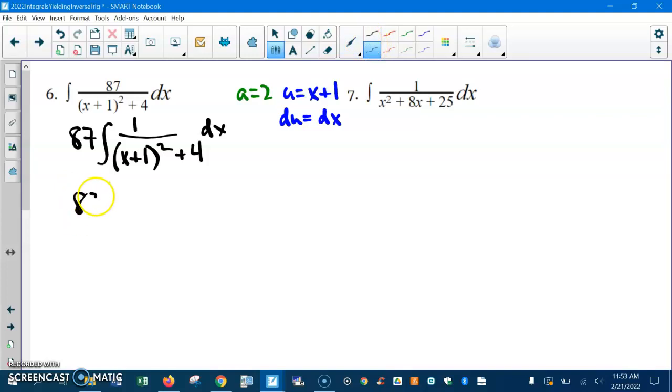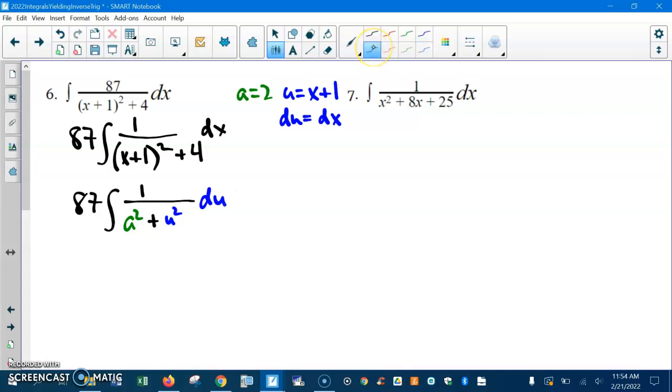So I can rewrite this integral as 87 still comes out in front, 1 over a squared plus u squared du. And then I notice that it is in the form that will yield an antiderivative of an inverse tangent function.